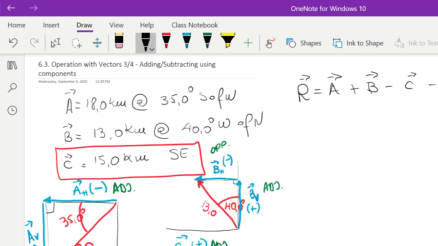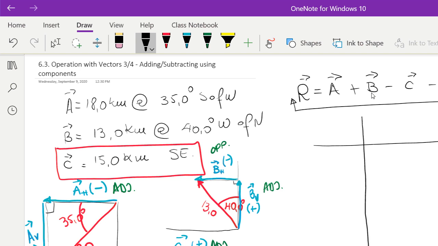Then, to find the resultant vector, which is nothing but the equivalent vector of all the vectors that you are working with, what we will do is we will build the table. So the table will consist of 3 columns.